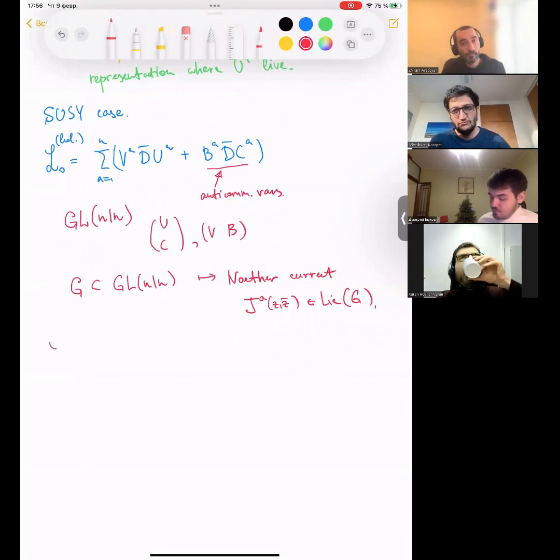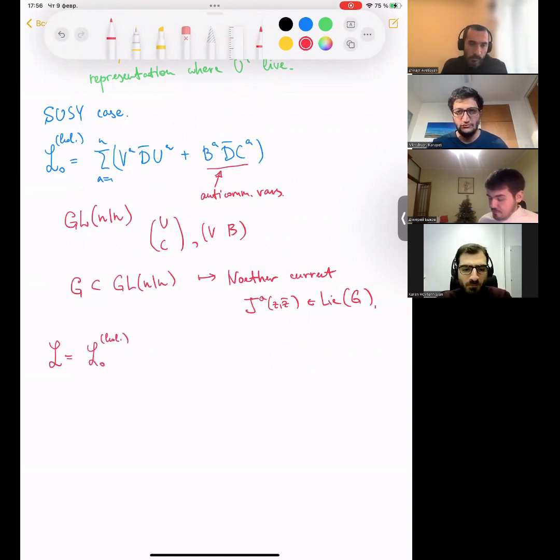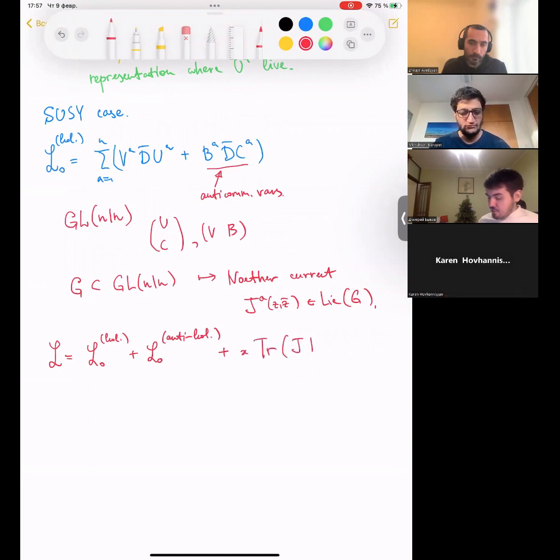And now what you do is you couple: you say that your full Lagrangian is your L holomorphic plus L anti-holomorphic plus kappa trace J J-bar. Okay, and this will be your interacting system.